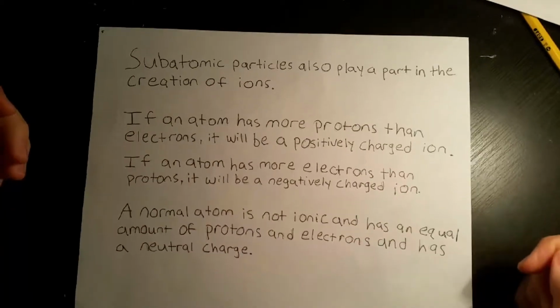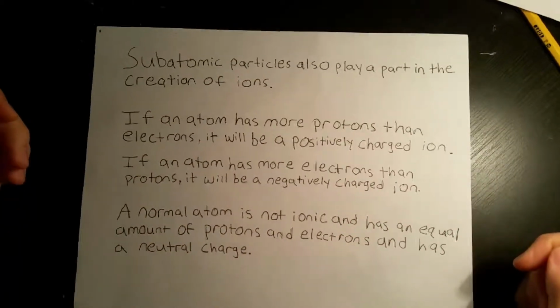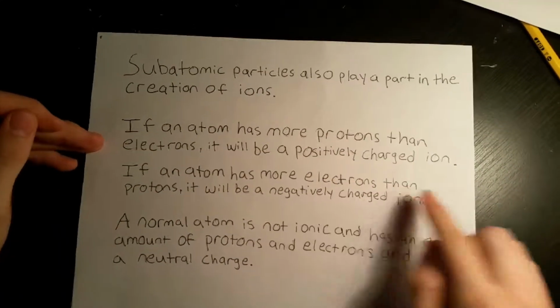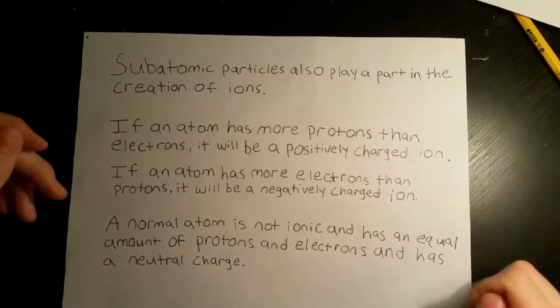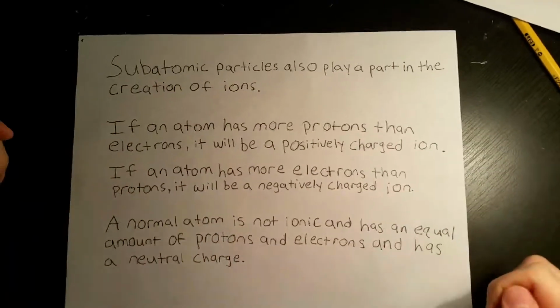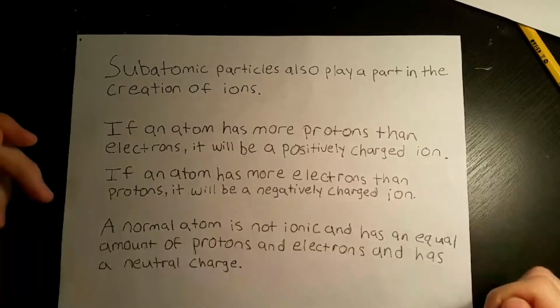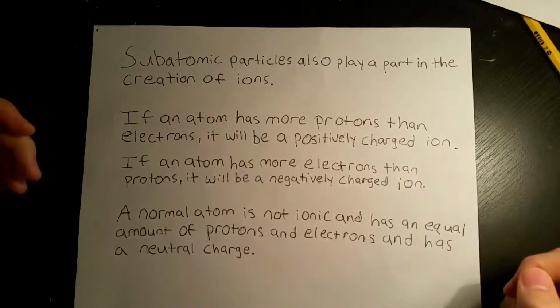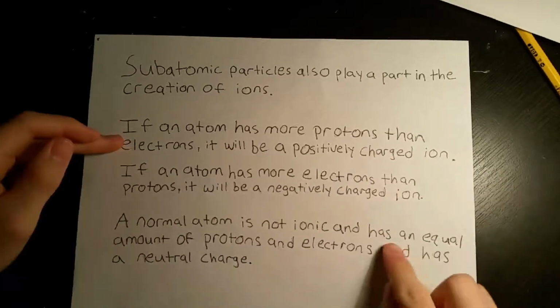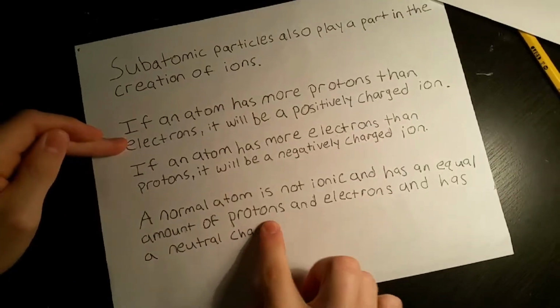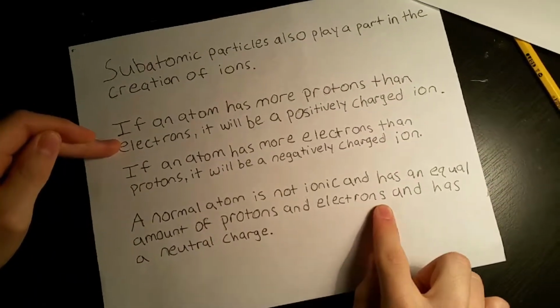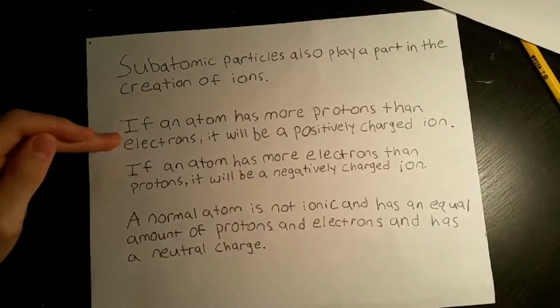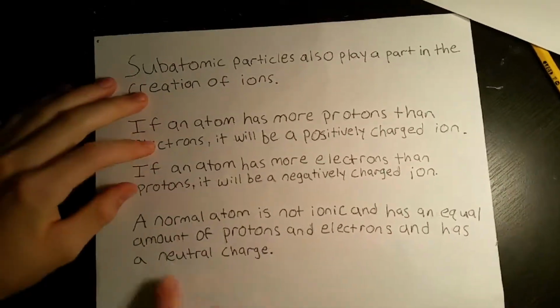Now, if you are to add an electron, for example, the atom would become negatively charged because it has a majority negative charge instead of positive. A normal atom, however, has an equal amount of positive and negative, or protons and electrons. Thus, it has a neutral charge.